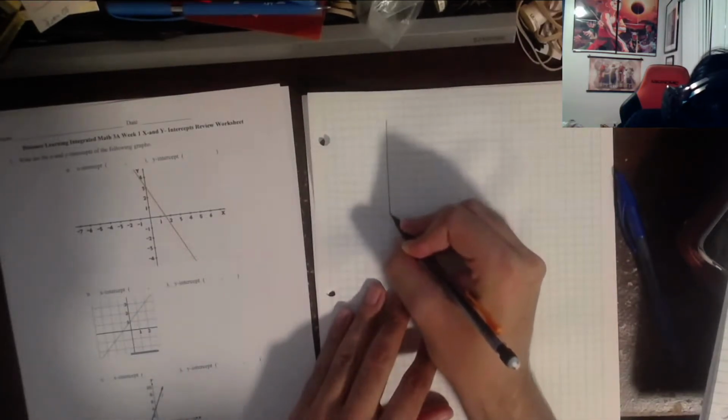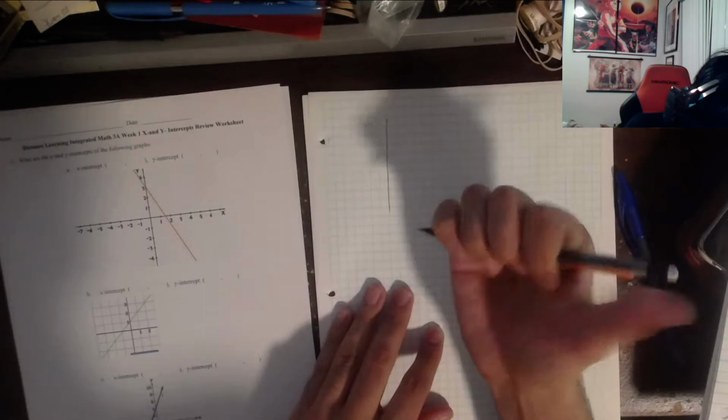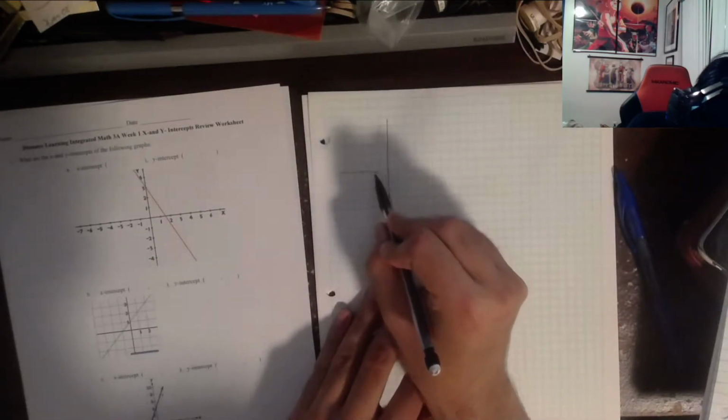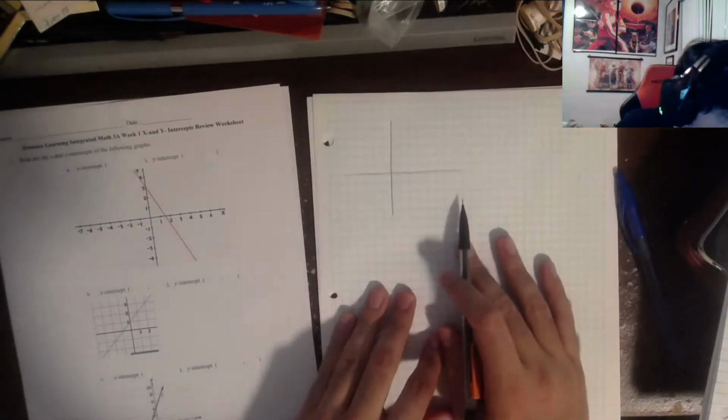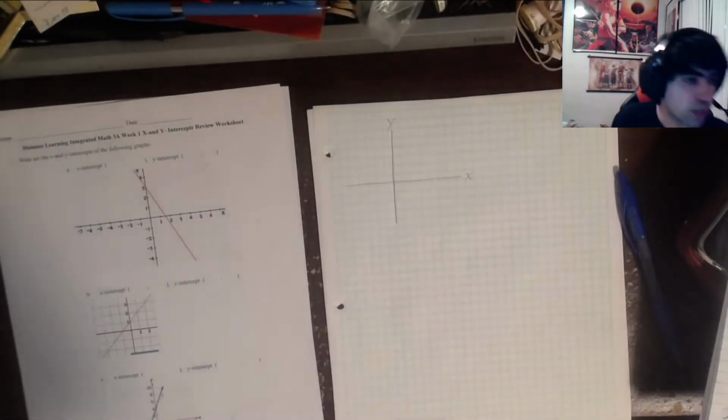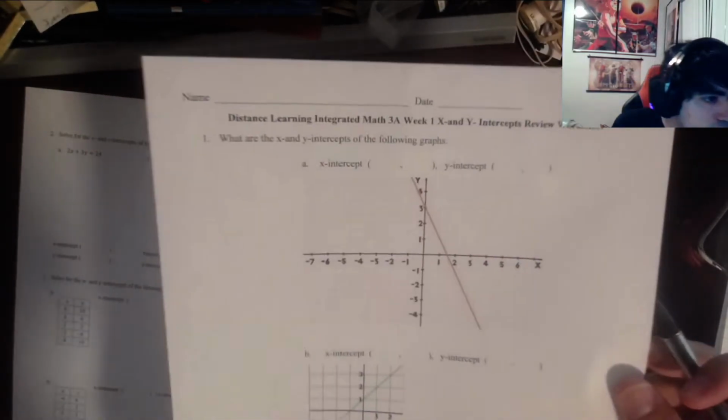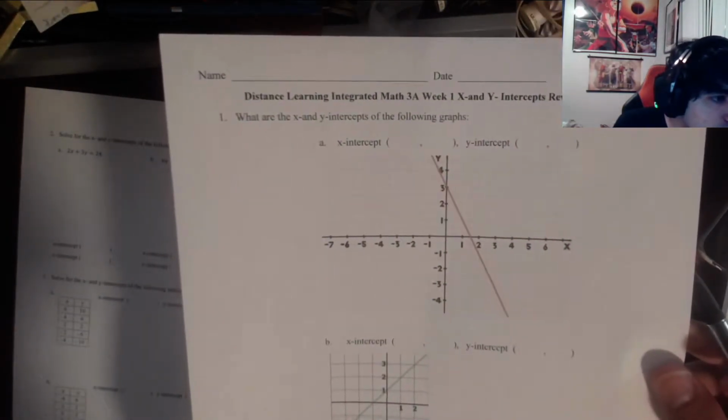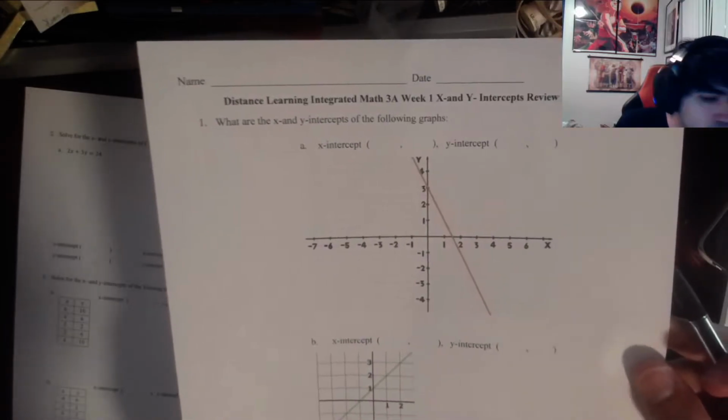Here we go. Here's our x and y. Right here, as you could tell, it says, what are the x and y intercepts for the following graphs?